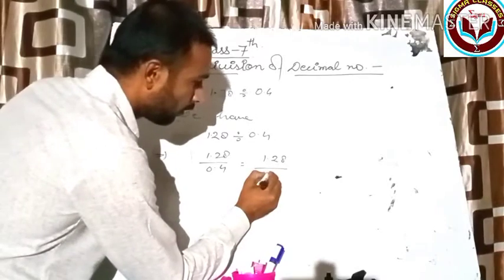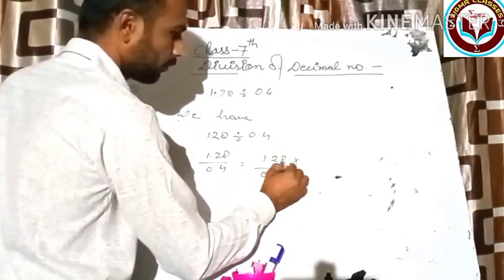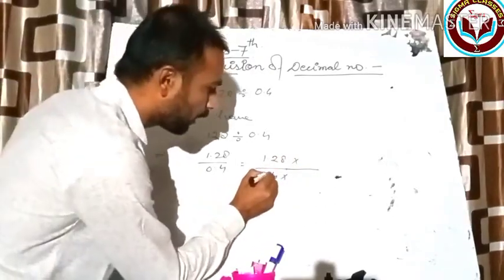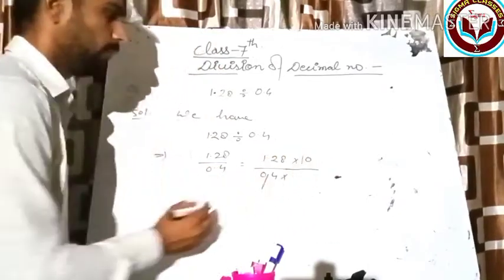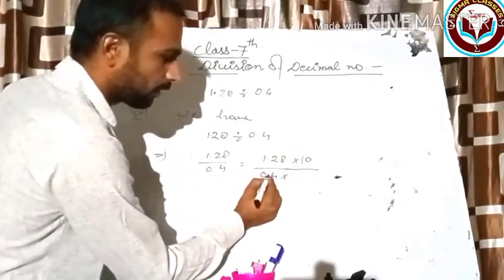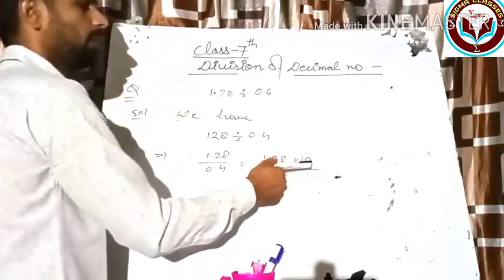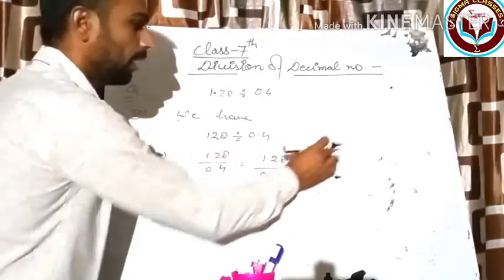Now first, please be careful here. Okay, whenever you will remove this point, then we will use the 10. Means how many digits are there after this decimal? 1. So we will write down the 10 here. Okay, means we will place 1 0 after 1, that is 10, in the numerator.